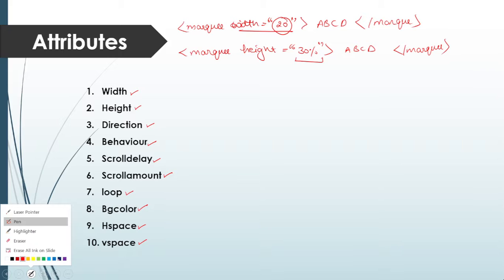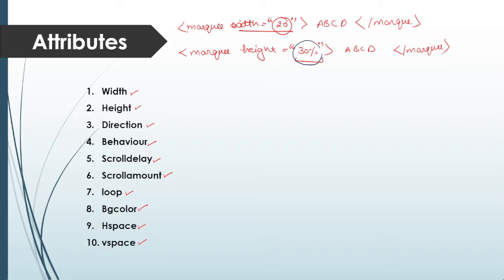That is very important. So if we write only 20, so 20 here means we are talking about pixels, we are working with pixels. Okay, and if we write here 20% or 30%, that means we are talking about the area of screen that we want to use here.